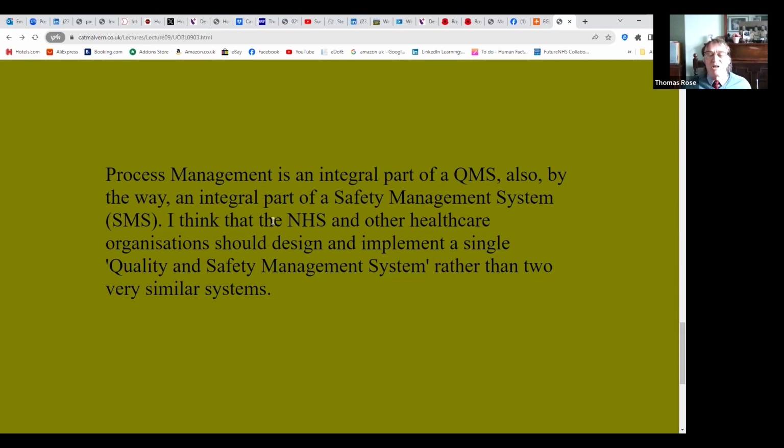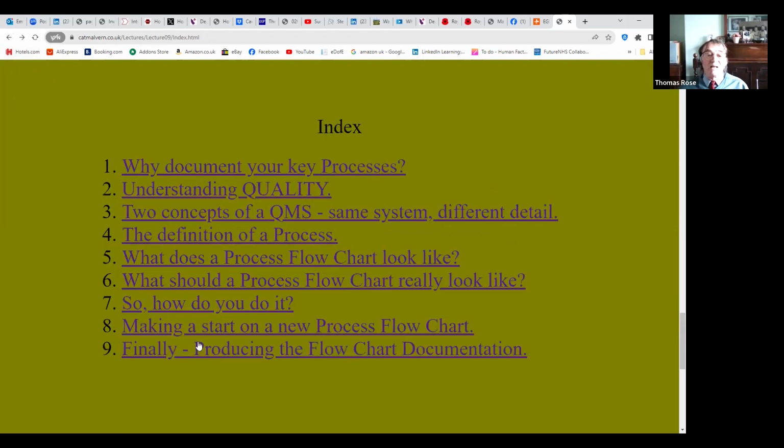The two systems, the one used by British industry for quality management and the one used by the aviation industry for safety management, look very similar, and they've got the same basic principles behind them. There's no reason why the NHS can't combine the two, which will give everybody a greater understanding of what's going on. Instead of having two systems to follow, they'll just have the one. Okay, so that's a quality management system.